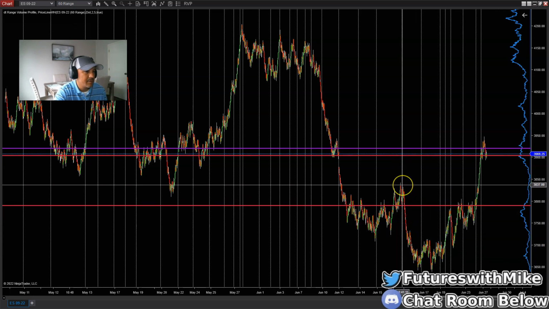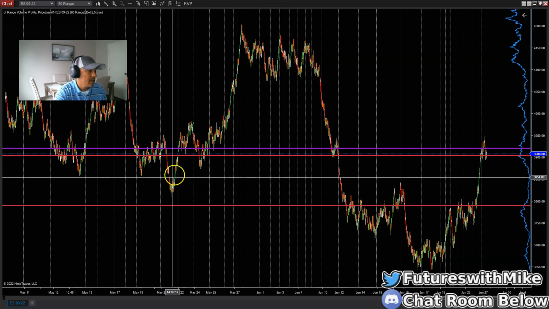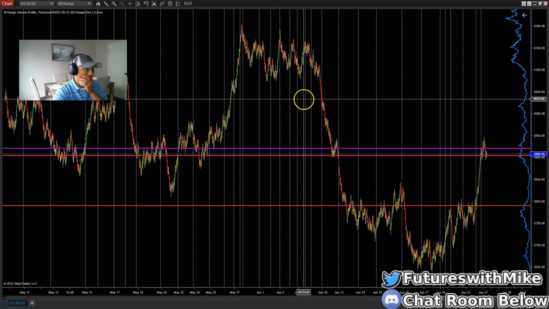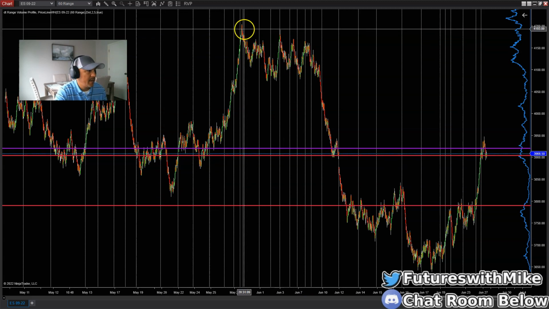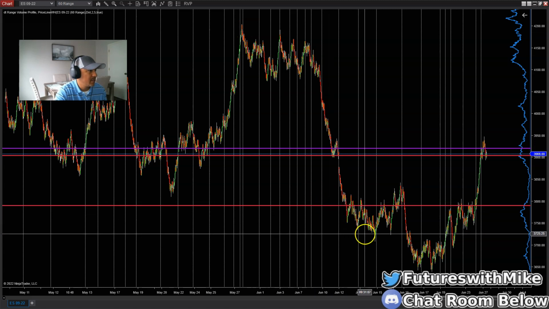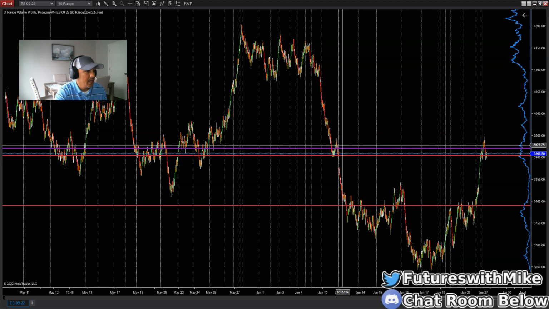We broke this major high and we're tapping into this area, which was a major area of resistance. As price pushed down, it made a low here, pulled back, broke up and made a high, then pushed down making lower lows. So it looks like we're bumping into an area of resistance as price was swinging to the downside.